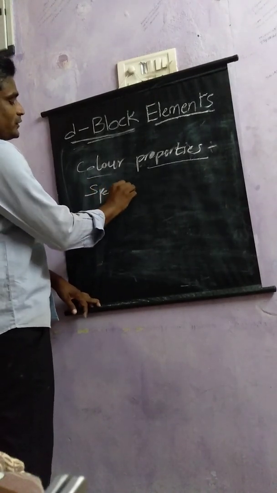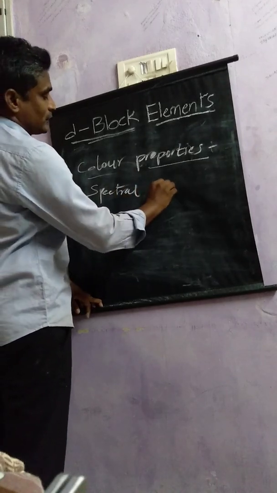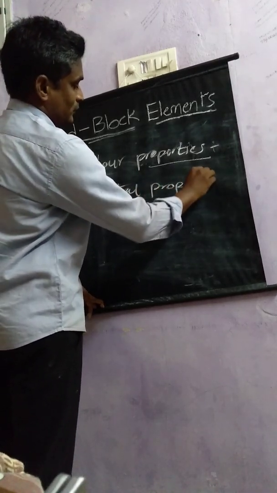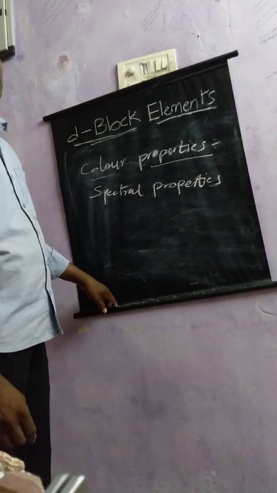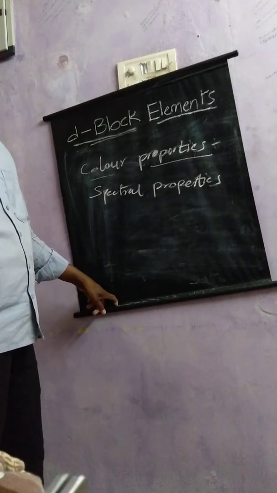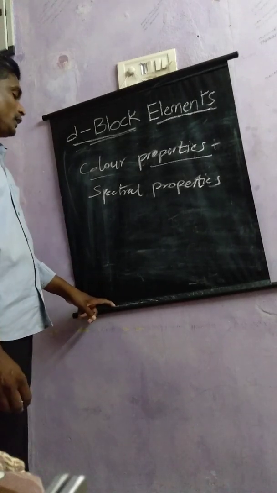This is also known as spectral properties. See, most of the d block elements are colored.